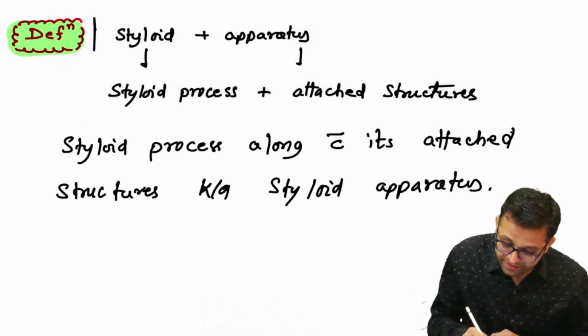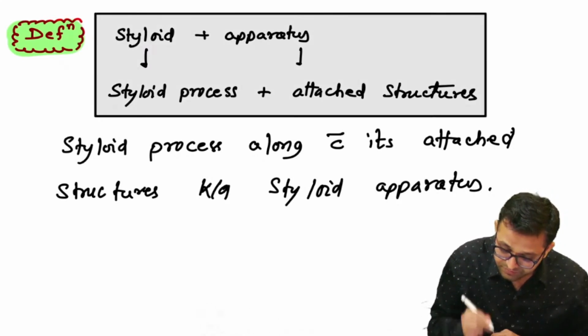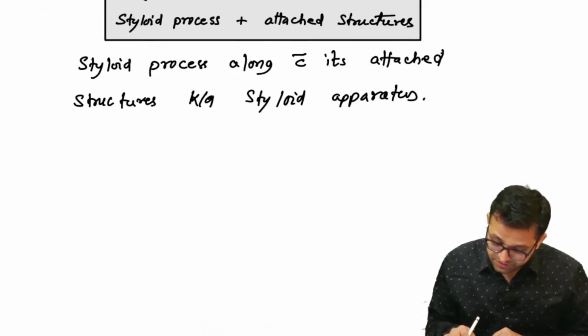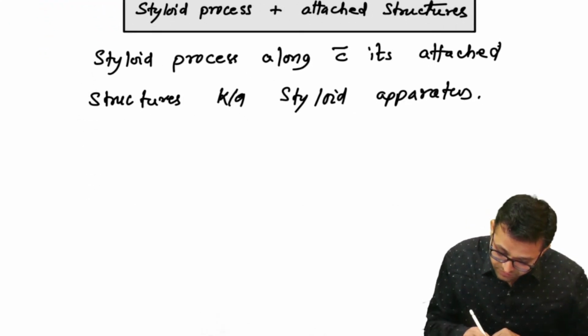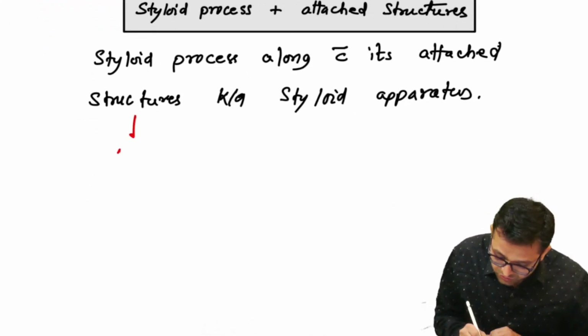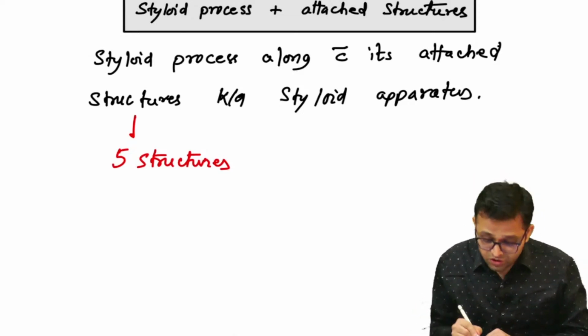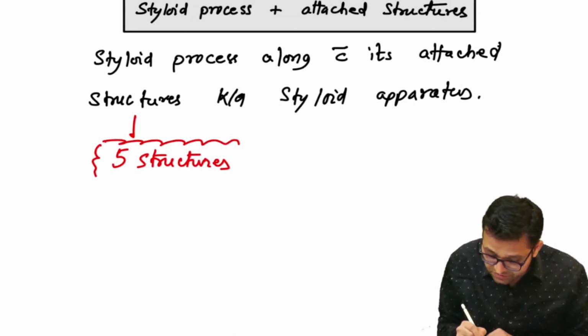Fine. So catch this another point. What are the different structures attached to it? What are the different structures? Total 5 structures. Agree? So what are the different 5 structures?